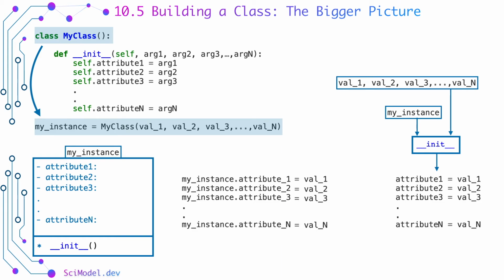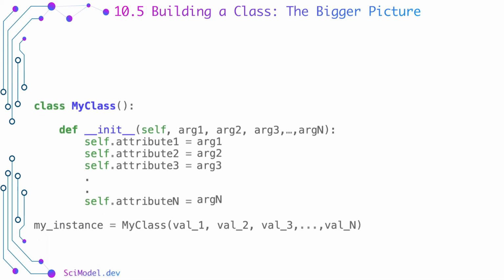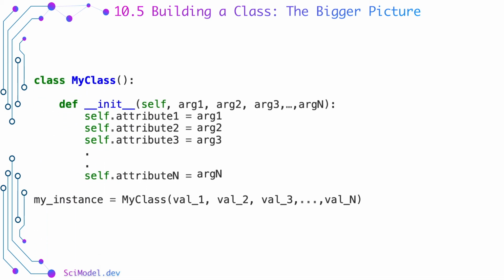As a result, the instances will be referred to as the self keyword. This is why we use this syntax to define attributes inside the init constructor. Now, there is a naming convention by the community that the arguments' names are written similar to the attribute name to make things easy and more readable.